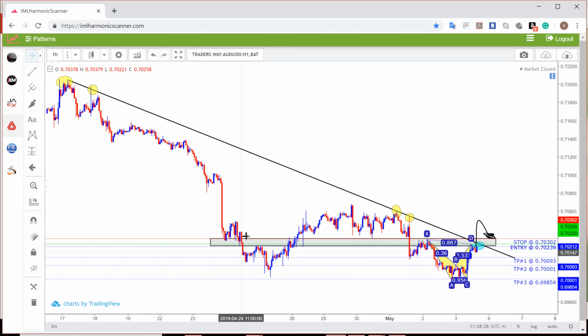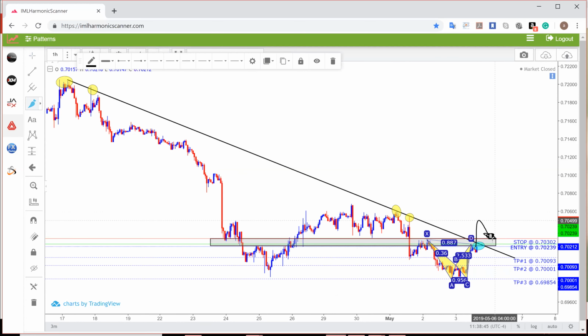Every time it reached here, it dropped. Reach here, it dropped. If it gets to this point and it goes up and does this, this is where you want to potentially look for a buy. It's no longer a sell.